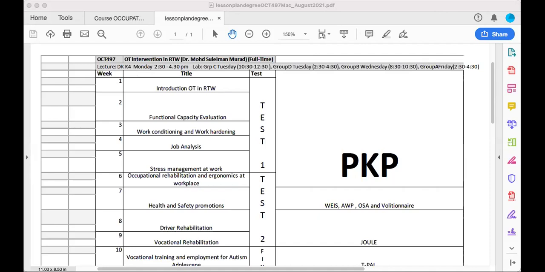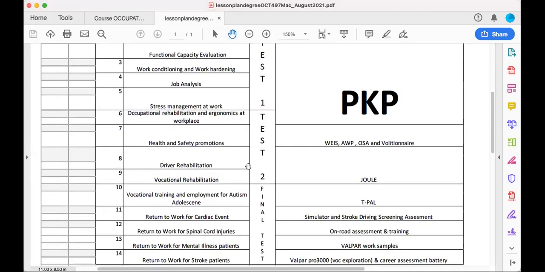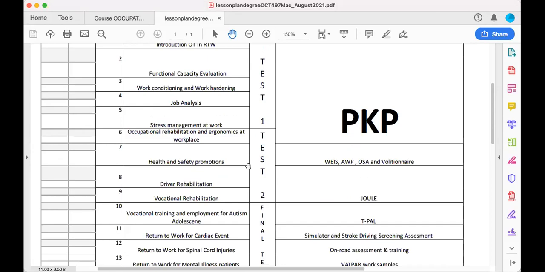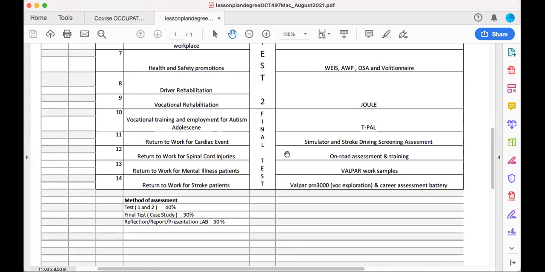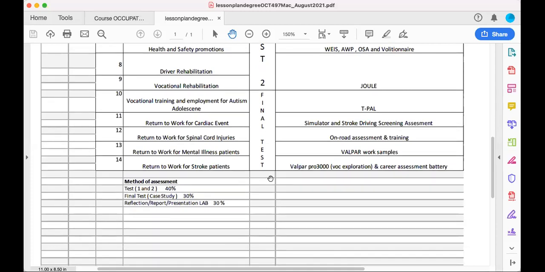Dewan kuliah nanti kita jumpalah. Okey, ada lagi soalan? So, test 1, test 2 and then final test. Final test ni about case study. Case study lebih pada final test. So, tengoklah nanti I tengok ada 2 case ke, 3 case ke.